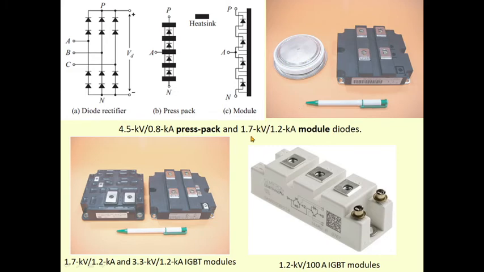This one here is 1.7 kilovolt, 1.2 kiloamperes. For this we are using this one. This is a module. This structure is always known as a module. So by structure, if you see this one and this one, you will automatically understand that this will be known as the module and this will be known as the press pack.